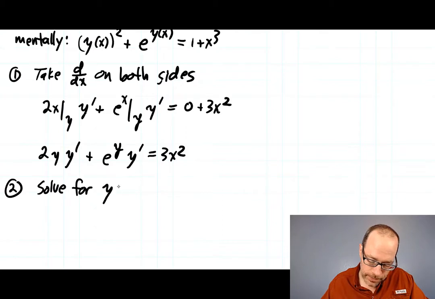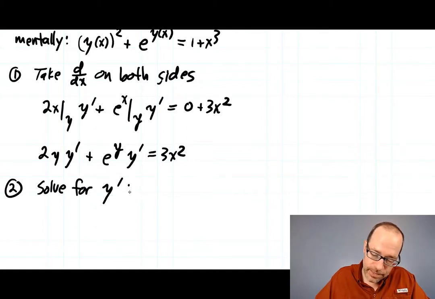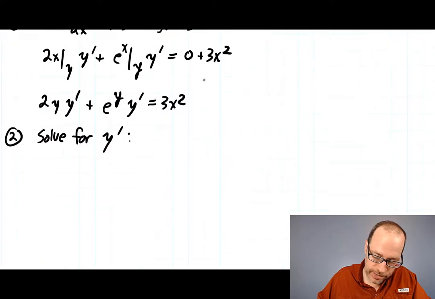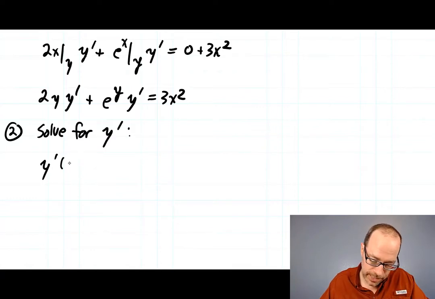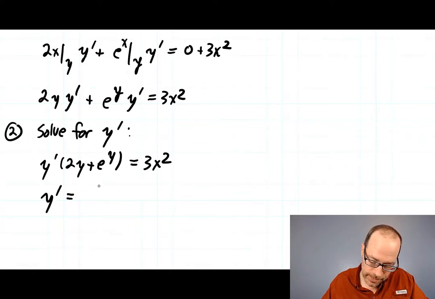And it's a theorem that this is always doable. So factor out the y prime from both terms on the left side. You get 2y plus e to the y left over. And so that lets us solve for y prime as 3x squared all over 2y plus e to the y.